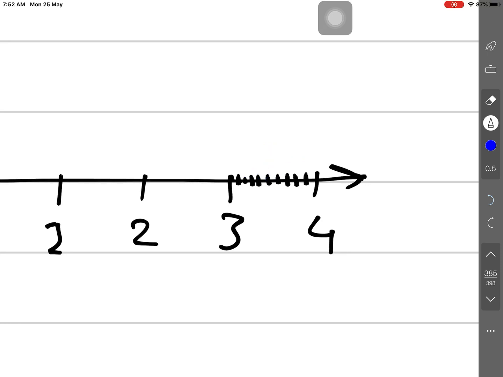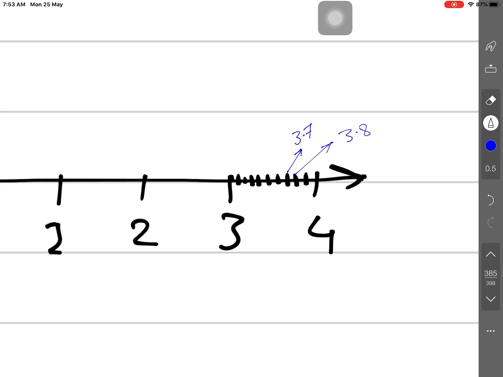So what we have to find is 3.765. So 3.1, it's 1, 2, 3, 4, 5, 6, 7. This is 7, so this will be 3.7. And this will be 3.8.